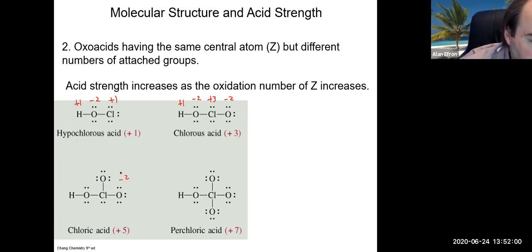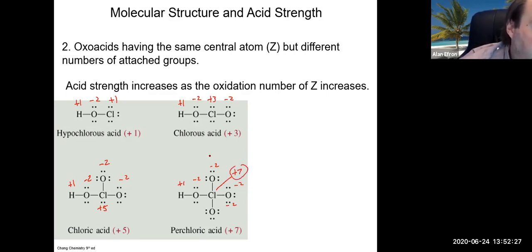This is just like the one we saw earlier: -2, -2, -2, +1 gets us a +5 oxidation state. And now -2, -2, -2, -2, and +1. That is 2, 4, 6, 8, and +1 is -7, so this, as you can see, is +7.